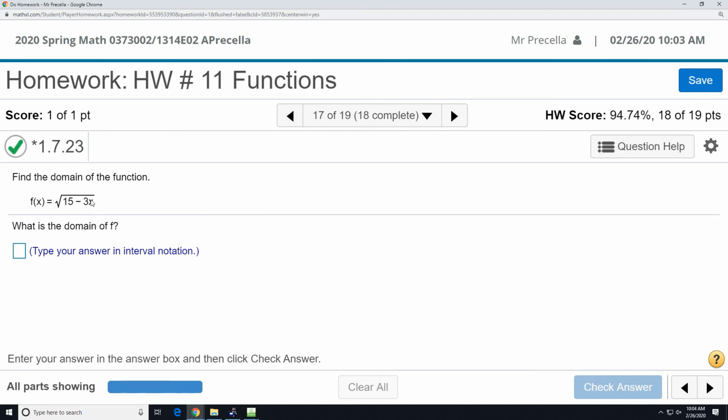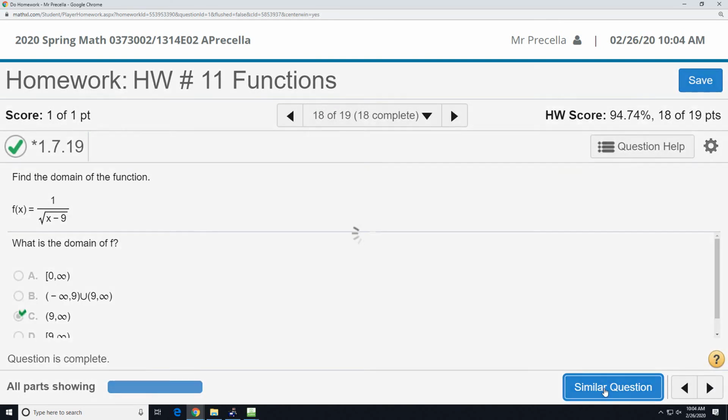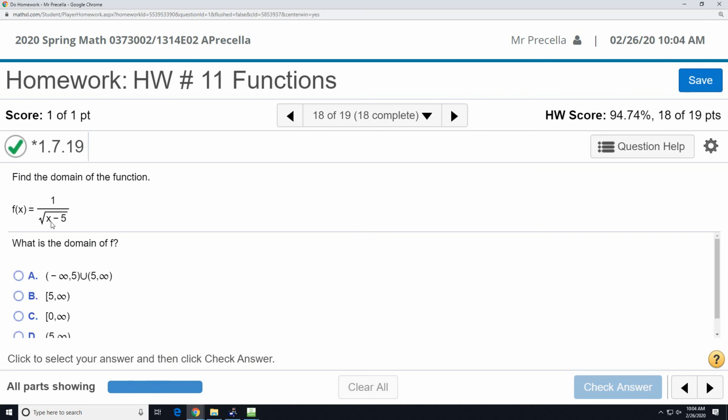Could y'all tell me what it's going to be? If I put 15 minus 3x equal to 0, what would that be? Would it be a 5? Yes. Okay, what about this one over here? What would the cut point be on this one? A 5. So it's real easy to find those cut points.